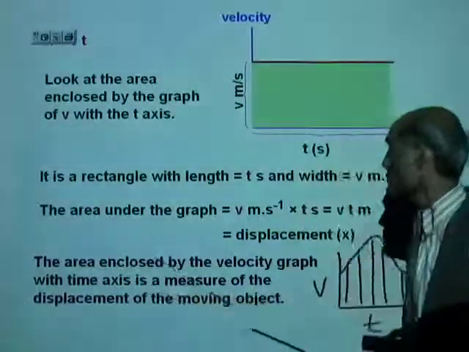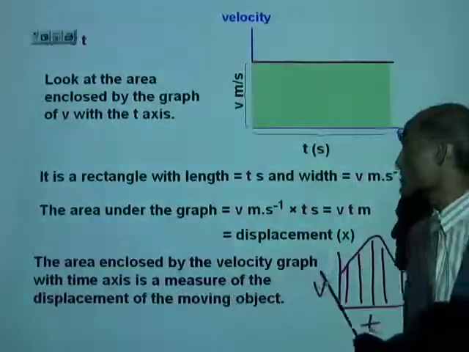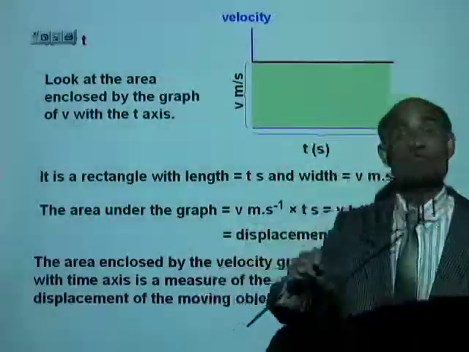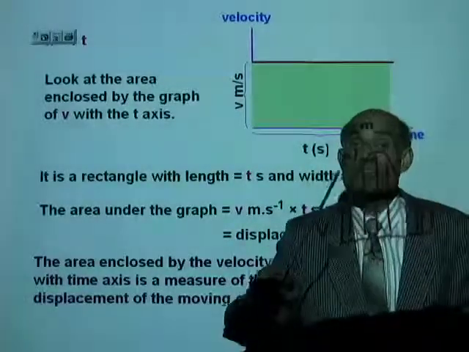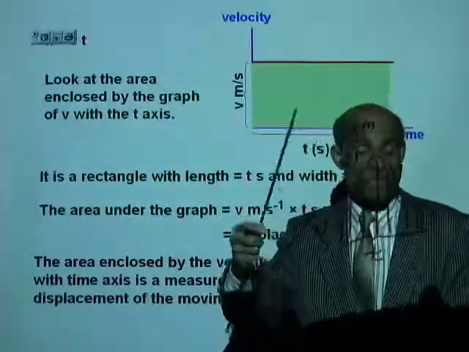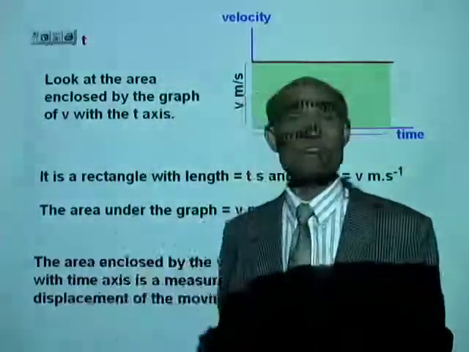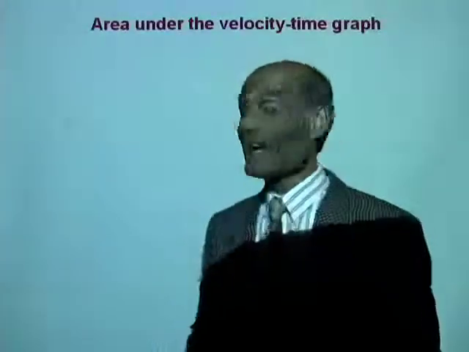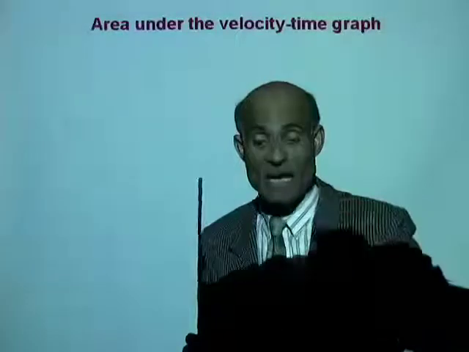So if I give you a velocity against time graph, and if I ask you to find the displacement of the object, all you need to do is measure the area enclosed by the velocity graph with the time axis. All right.